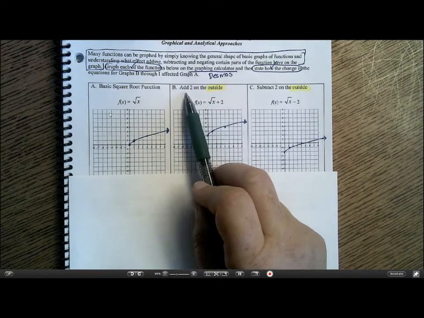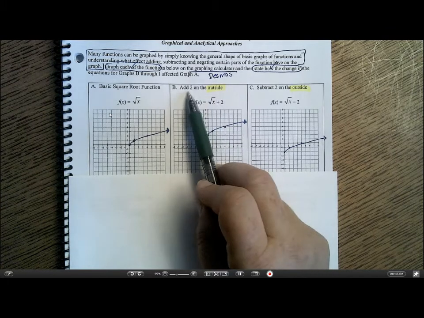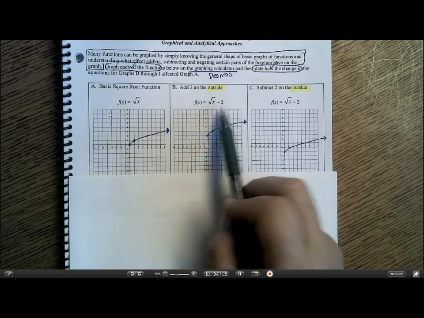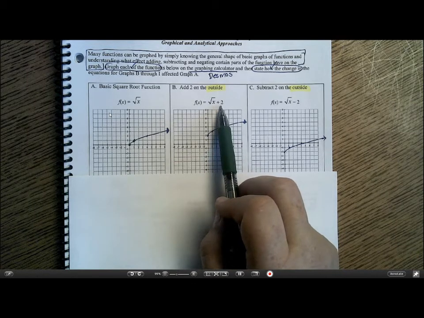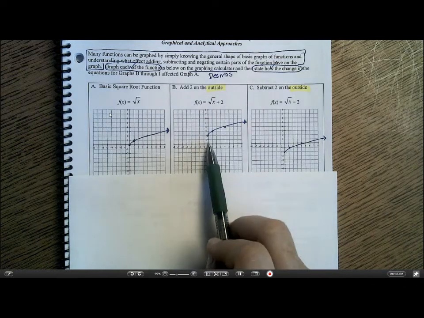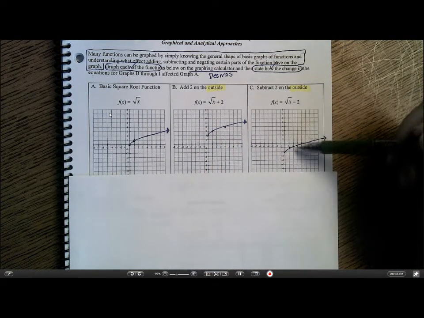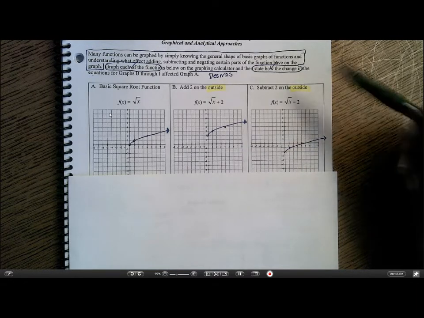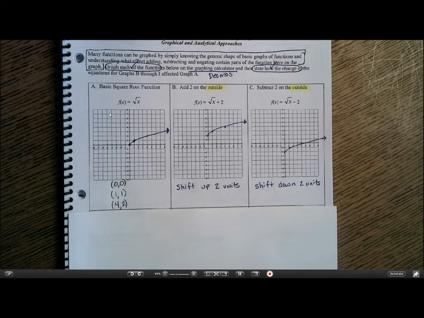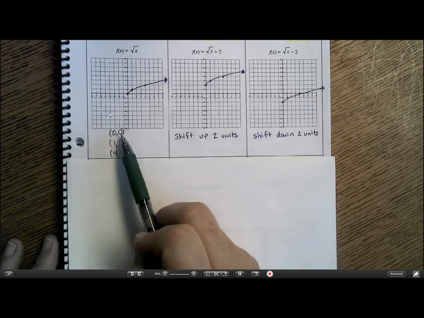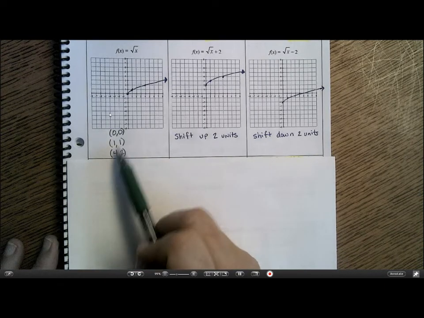If you are adding 2 on the outside, or adding anything on the outside, it's just the constant, which is going to affect the y values by going up 2 from every existing point. Now we're going to subtract 2 and we're going to go down 2. If we take a look at our ordered pairs, the parent was the original 0, 0, 1, 1, and 4, 2.